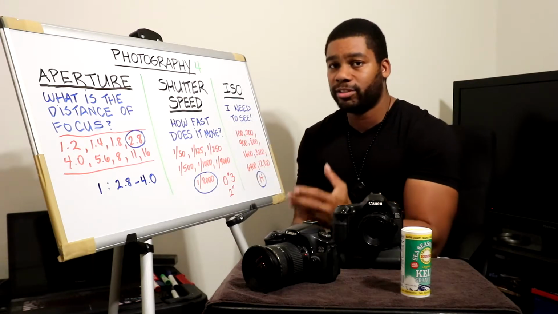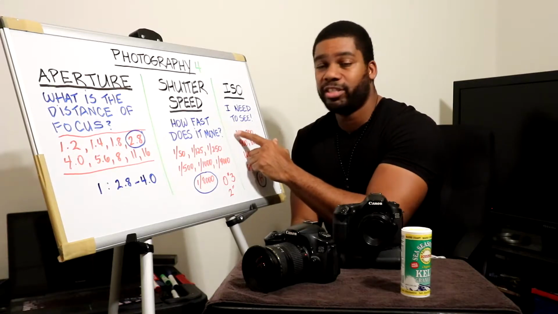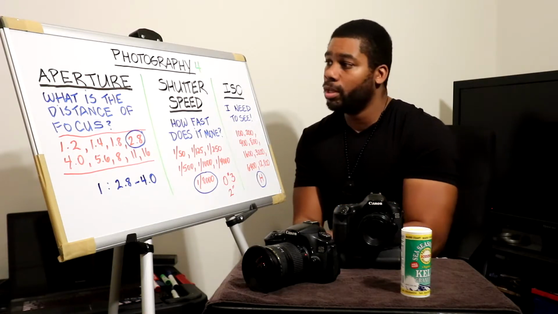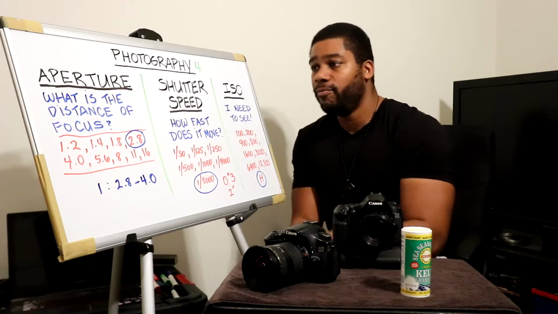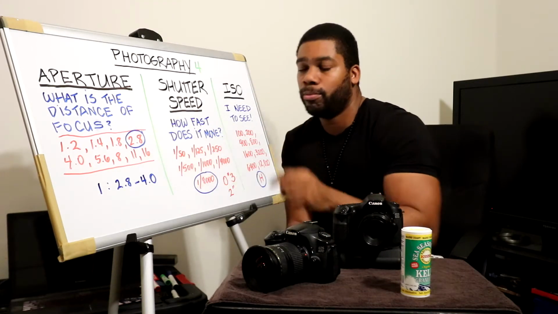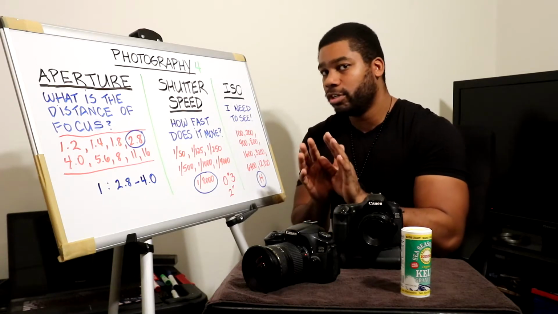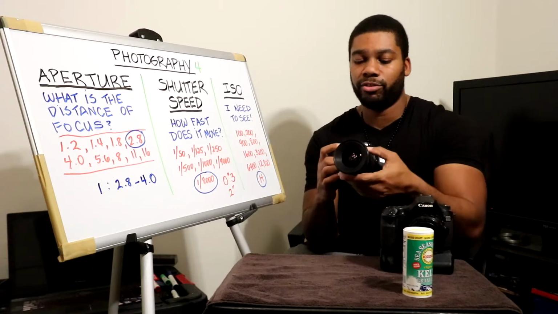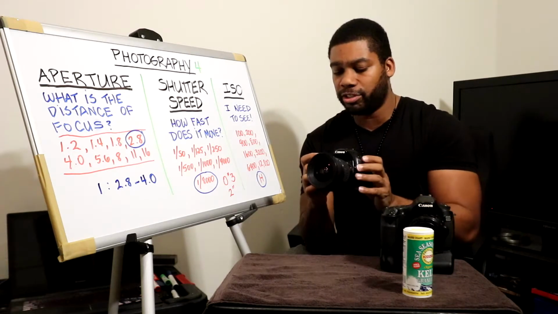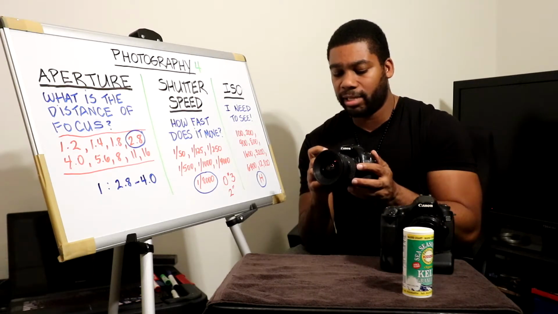The ISO when you're outside on a sunny day you want to have it set at 100 to start. Your shutter speed, you're going to want to have it set at 1/250th to start. If you can, you're going to want to have your aperture at 2.8 to start. Now, those are your general settings. And what I'm going to do, just so you guys can see it, I'm going to preset this camera to exactly those three.